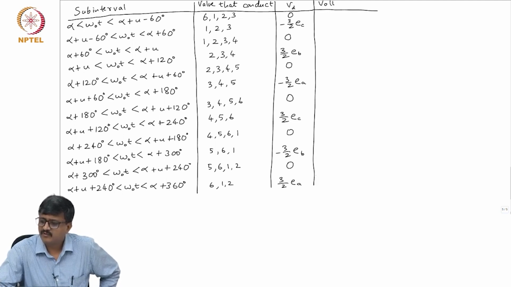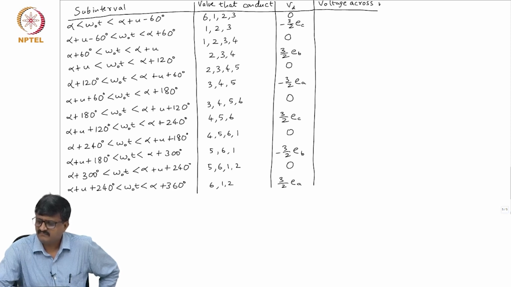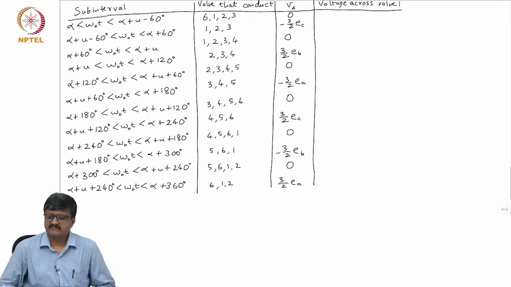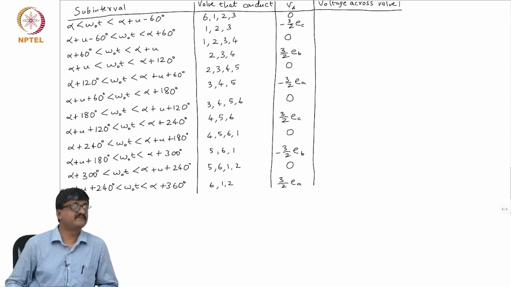So if I look at voltage across valve 1, what is voltage across valve 1 in the first subinterval? Sorry, 0.